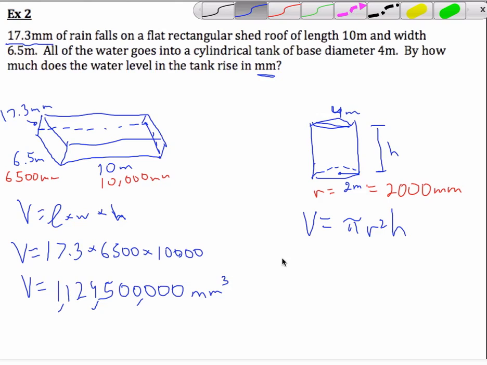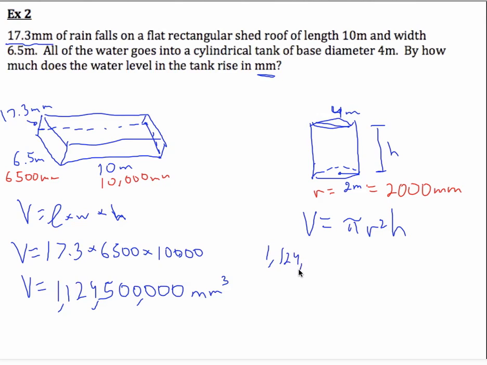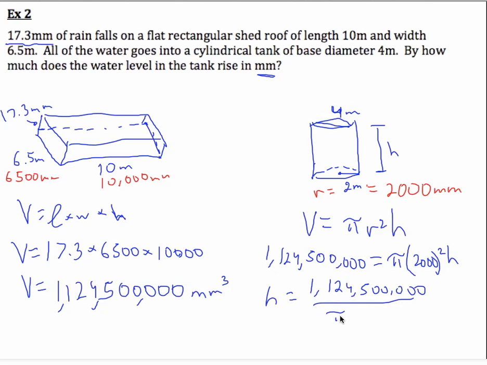So our volume is this huge number right here, which is 1,124,500,000. That's the volume. That should be equal to pi times the radius, which is 2,000, squared, times the height. Okay, so the height is going to be equal to 1,124,500,000 divided by pi times 2,000 squared.